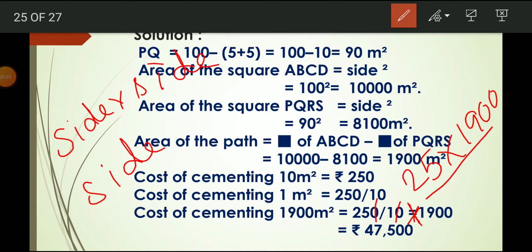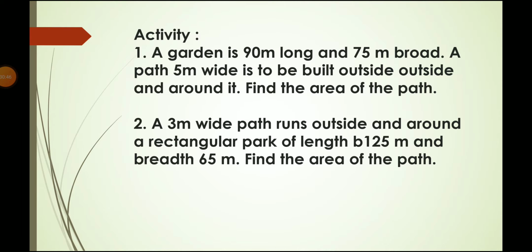If we multiply these two values we get 47,500 rupees. So if we cement 1900 meter square, we should spend 47,500 rupees.